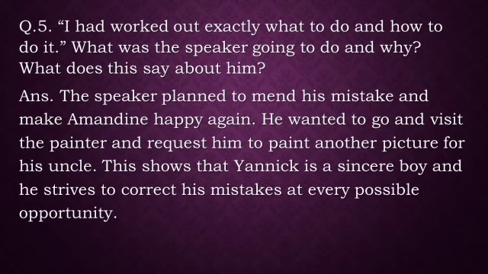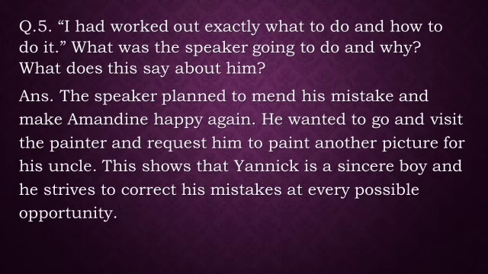Question number 5. "I had worked out exactly what to do and how to do it." What was the speaker going to do and why? What does this say about him? And the answer is, the speaker planned to mend his mistake and make Amandine happy again.